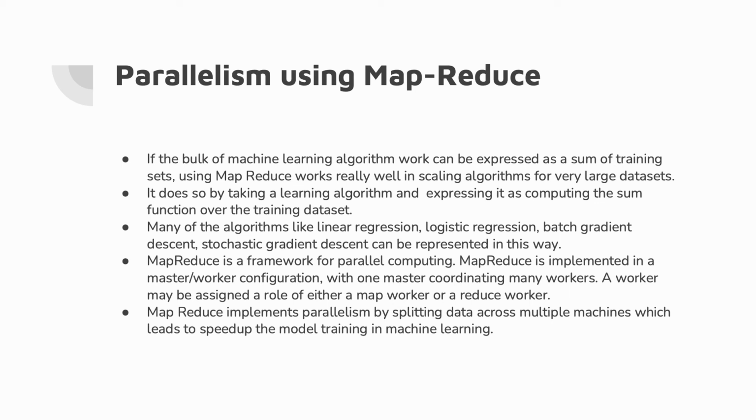MapReduce is implemented in a master worker configuration with one master coordinating many workers. A worker may be assigned a role of either a map worker or a reduce worker. So, in a master worker design, there is a master process which coordinates overall activity. It identifies the data, splits it up based on the number of available workers, and assigns a data segment to each worker.